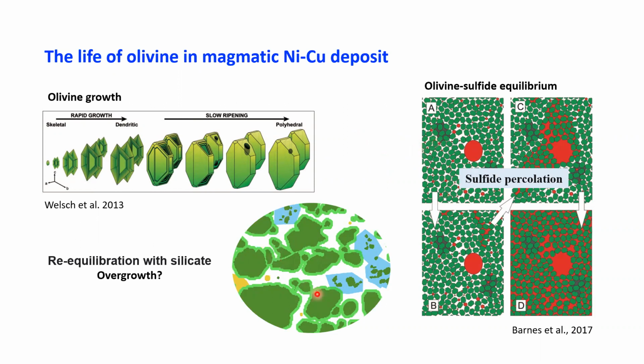After that, olivine will experience the mush process. The olivine has to equilibrate with the trapped liquid, and probably some overgrowth and dissolution is happening. After that, if sulfide percolates into those spaces, the olivine will react with the sulfide.